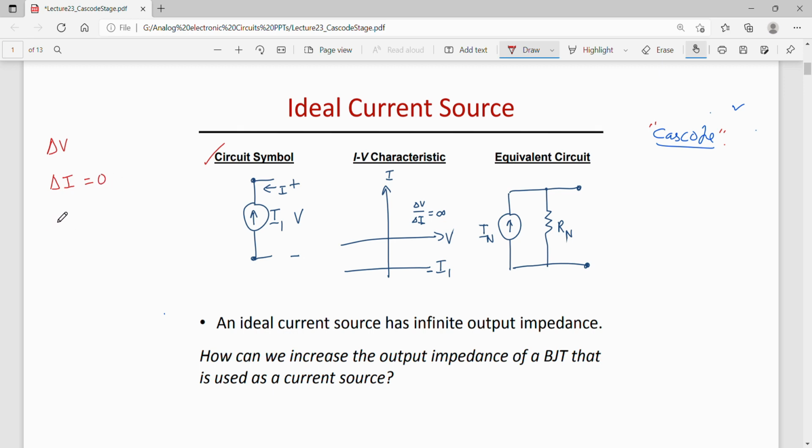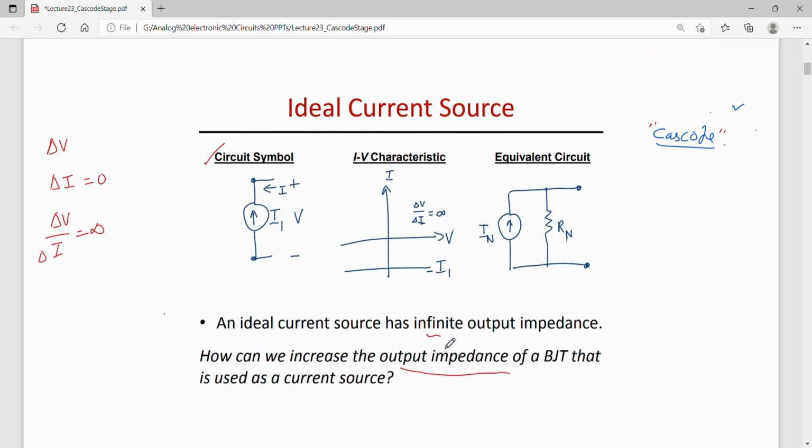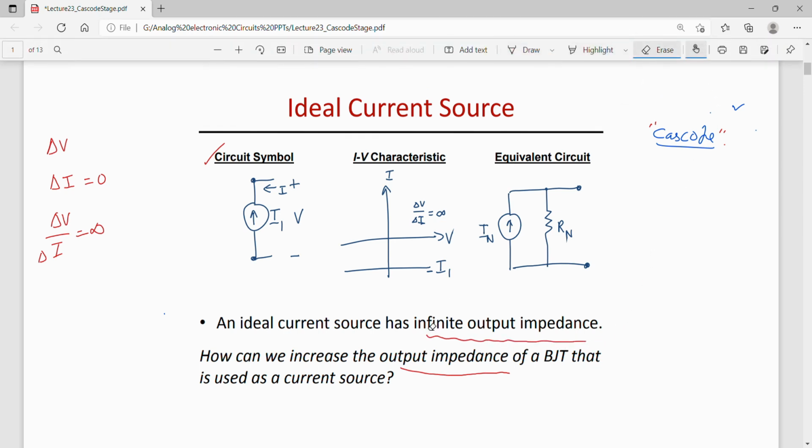So delta V by delta I should be infinite. Now the output impedance of an ideal current source should be infinite, right? So the output impedance of the current source should be infinite if it is an ideal current source.